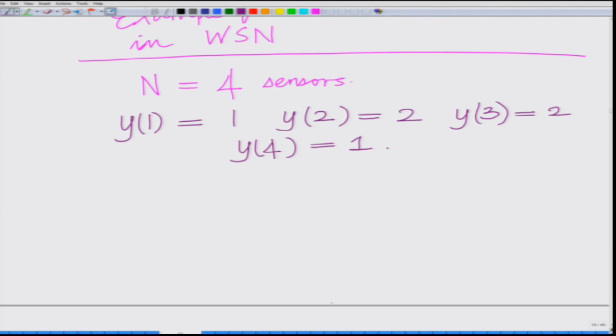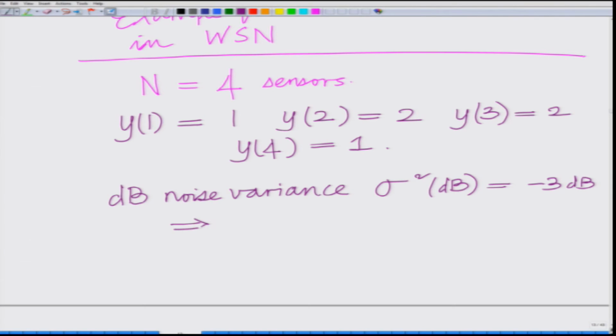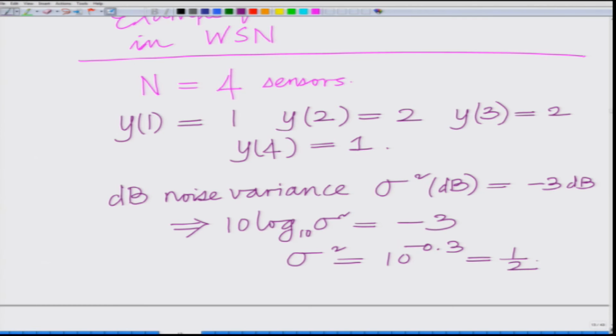Then the ML estimate, and also let us say the noise variance, that is sigma square, let us say the dB noise variance, sigma square in dB equals minus 3 dB, which implies that 10 log 10 sigma square equals minus 3, which implies sigma square equals 10 to the power of minus 0.3, which equals half. Okay.